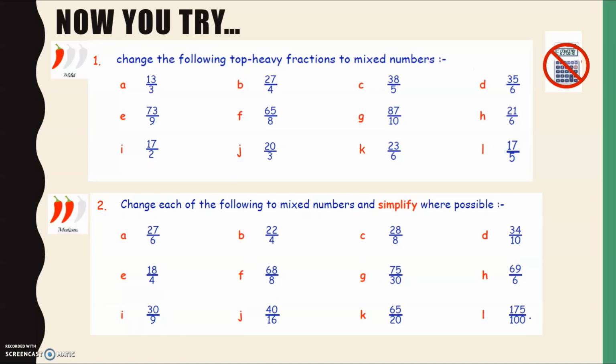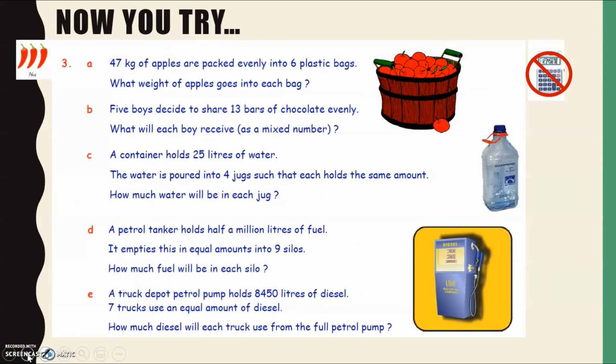So make sure that it is always written in its most simple form. And then our hot section here for question number 3, we've got 5 different parts here, and it's just getting you to read through the question and to see if you can answer these questions. Just like we've done before, only you are picking the numbers out this time.